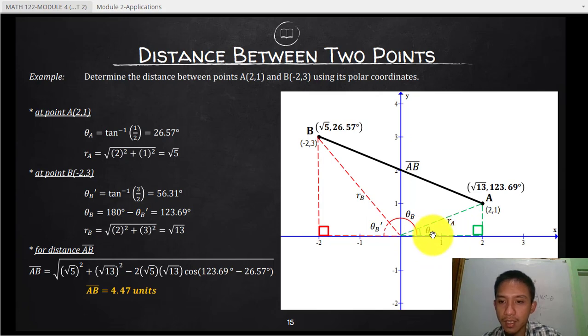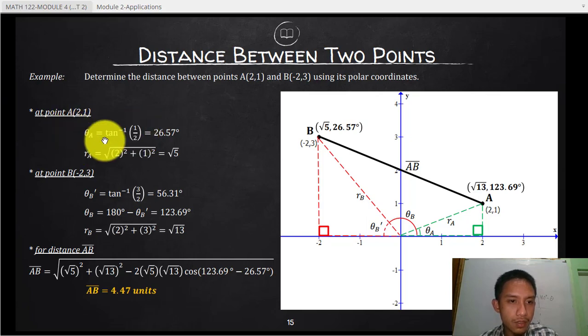How do you get your theta? First, we need to get your theta, but at the same time, that is automatically your theta sub A in this case. So we do not need to be solving your theta and then finding theta sub A, because that is the same. So to get your theta here, use tangent. Tangent theta A is, what is this? That is your Y over X, which is 1 over 2. So tangent theta A is 1 over 2. Now get the arctangent.